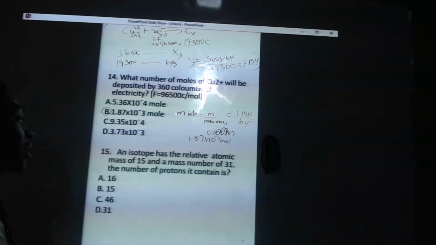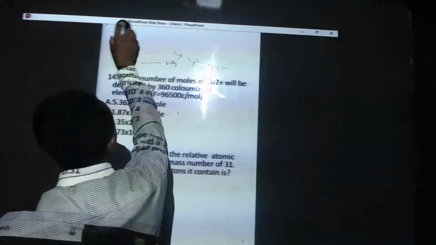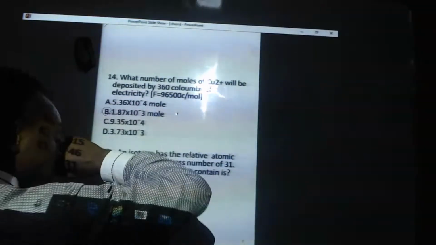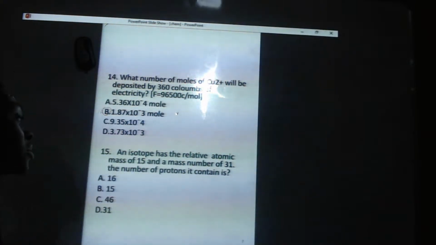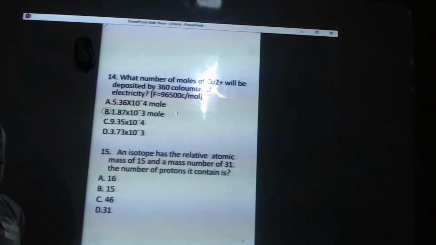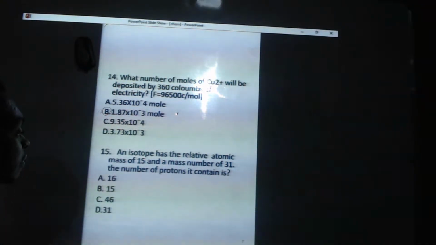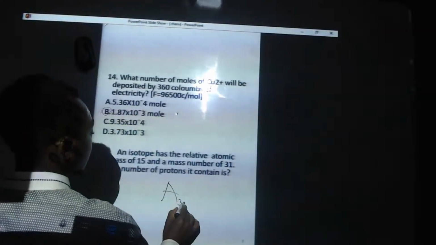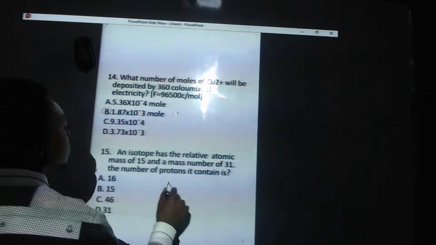For the last one now: an isotope has a relative atomic mass of 15, and we are dealing with isotopes, which have the same atomic number but different mass numbers. With a relative atomic mass of 15 and a mass number of 31, the number of protons it contains is what?